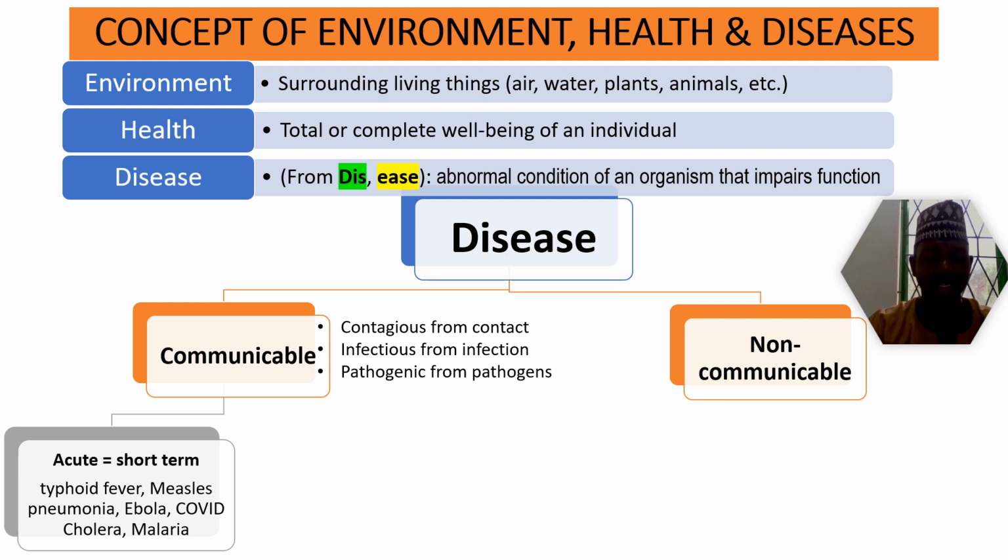All these are diseases that can occur within a short period of time. They are all caused by pathogens, and therefore they are communicable or pathogenic diseases, and they can occur within a short period of time in which either the patient survives, recovers, or maybe the patient dies as a result of the disease.